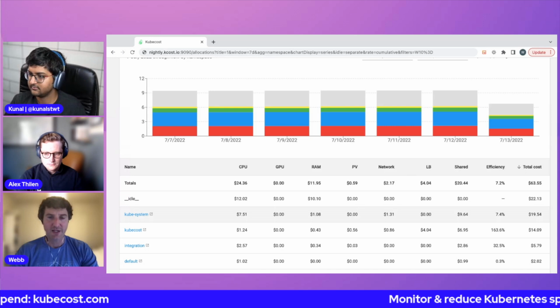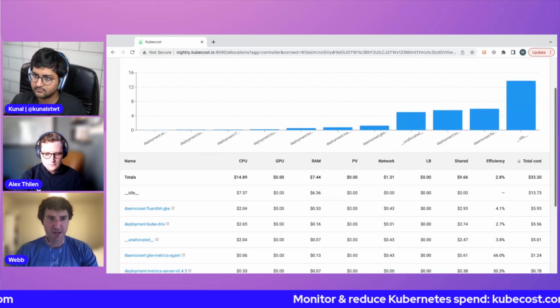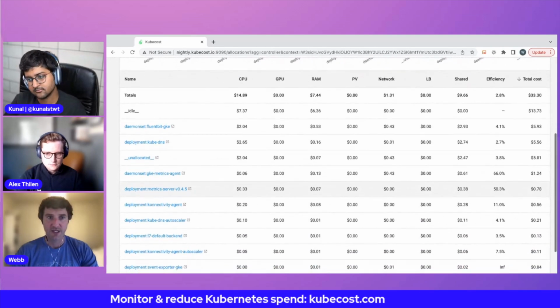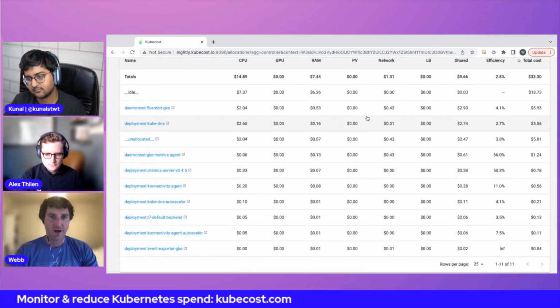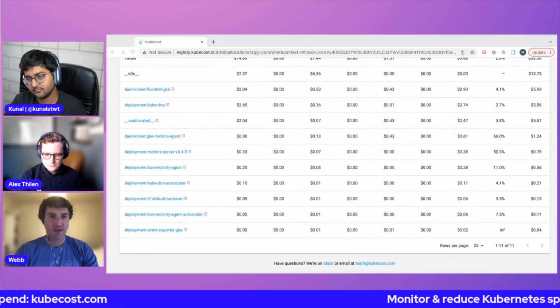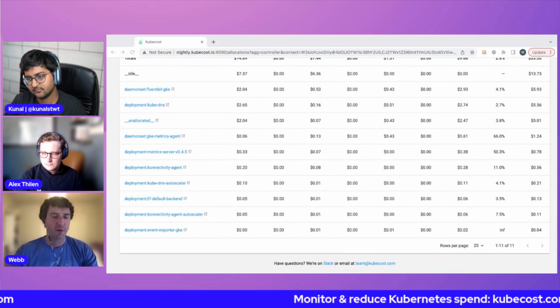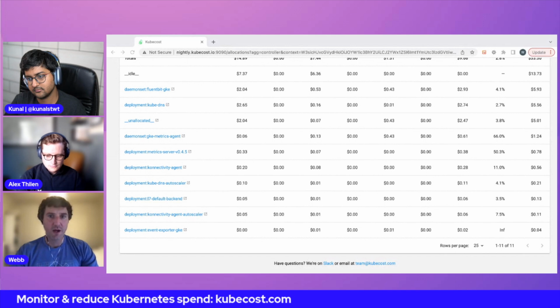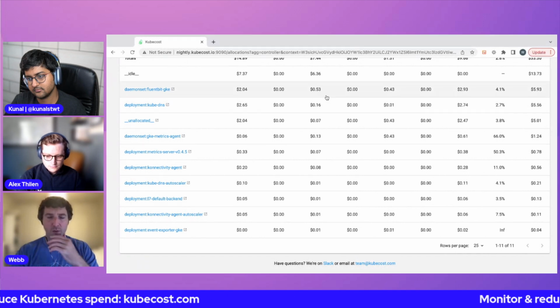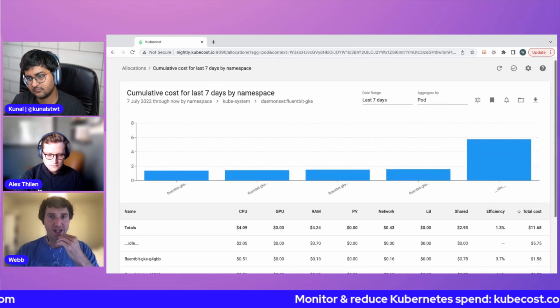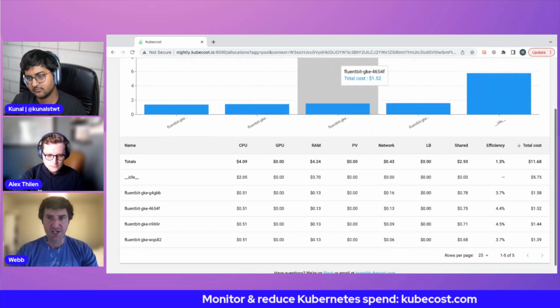From here, we can actually just dive into this namespace and look at everything running in it, right? So we can look at all of the daemon sets and deployments. If we had jobs or other things running, we would be able to see all of those, right? So from here, we can keep going and say, okay, well, I'm really surprised that Fluentd has such low utilization.